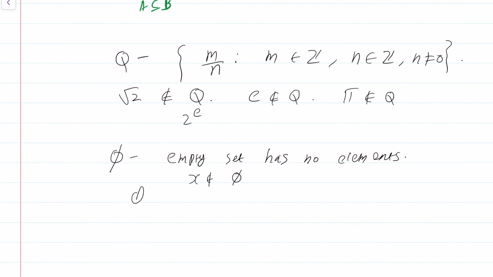Consequently, phi is a subset. A word of caution: the way I've written phi now is wrong. The notation for the empty set is to be written like this, somewhat more digital. So this phi is a subset of A for all sets A. That means no matter what set you take, phi is a subset.